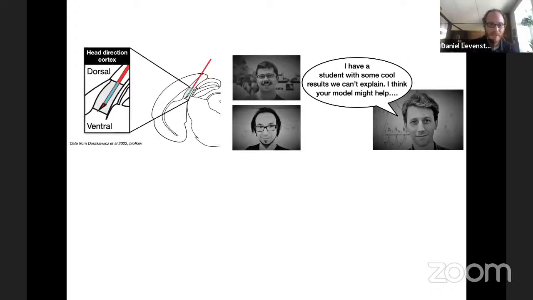And he says something to me around my first week in lab, which is that he has a student with some cool results that they can't really explain, and he was hoping that my model might be able to help. His student Dhruv was looking at some data collected by Adrian, in which they inserted a linear probe into the head direction cortex and were able to record the whole length of this cortical region from the dorsal to the ventral area.